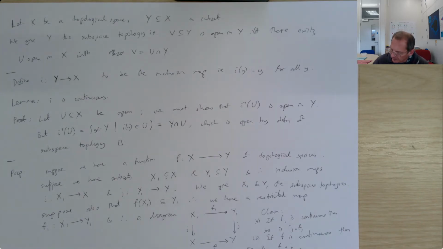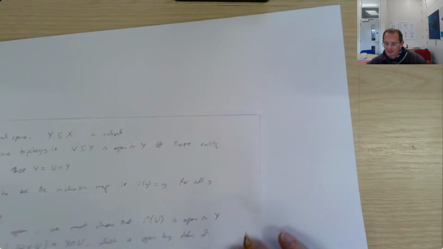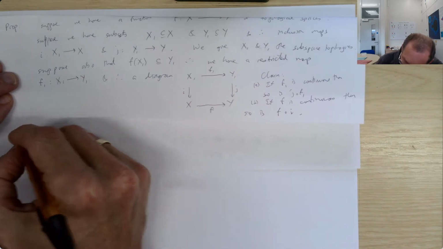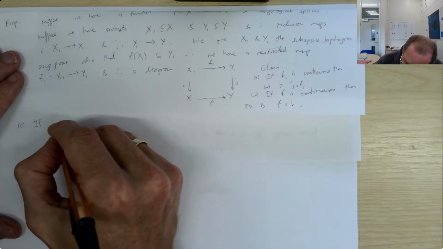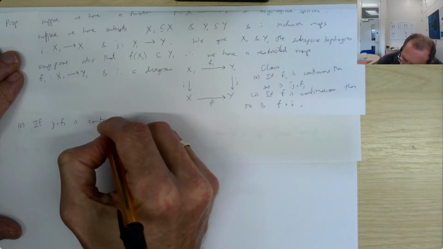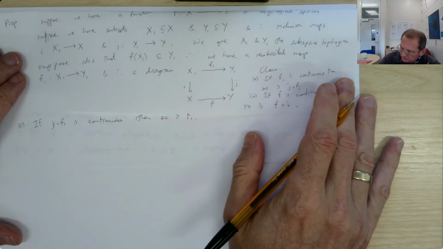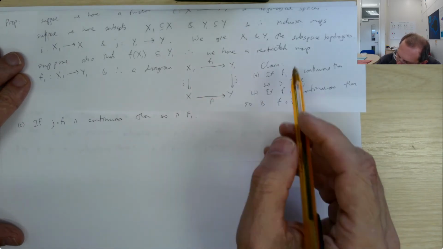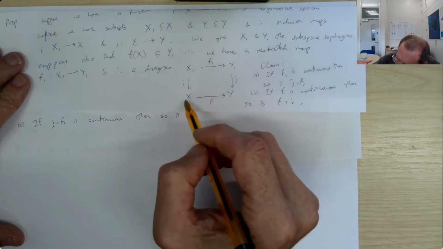Both of those are very straightforward, but the point I think is a bit more to this one. Thirdly, if j composed with f1 is continuous, then so is f1. So here we assumed that f1 was continuous, and then j composed with f1 is continuous, or if f is continuous, then f composed with i is continuous.